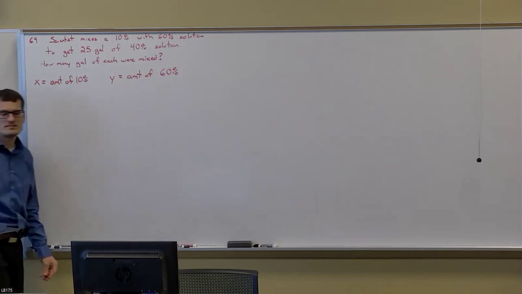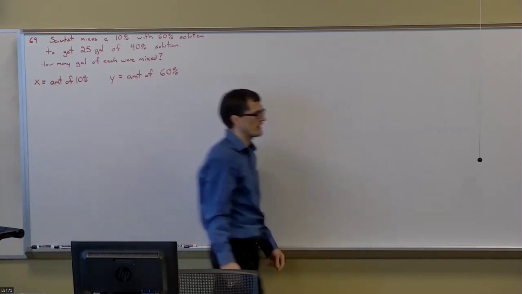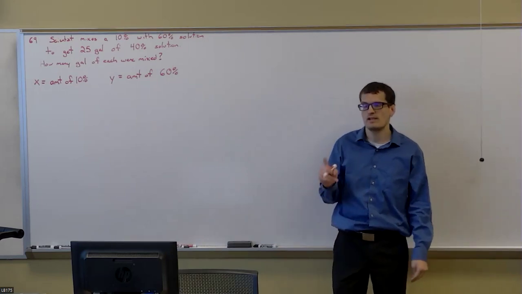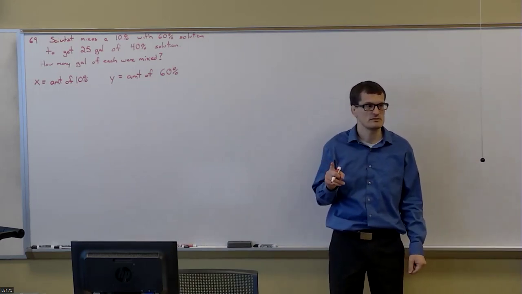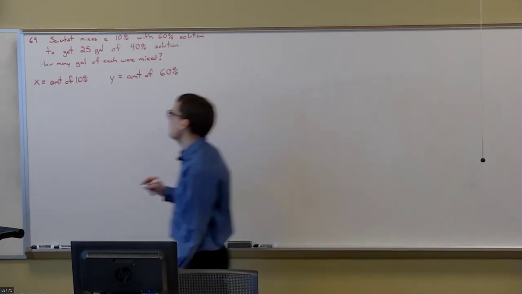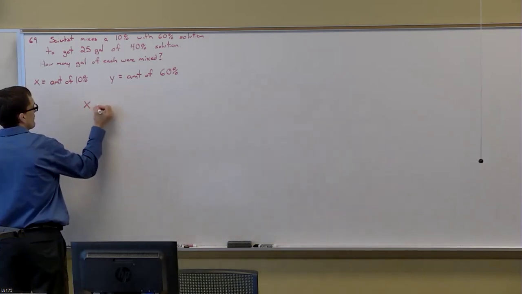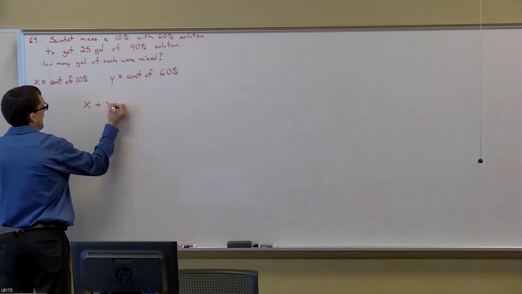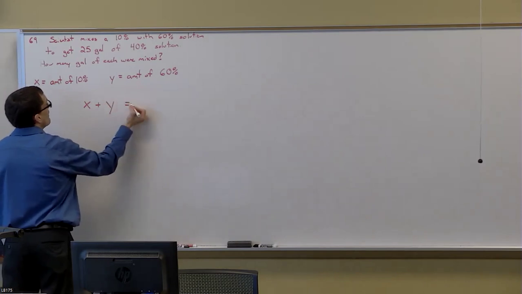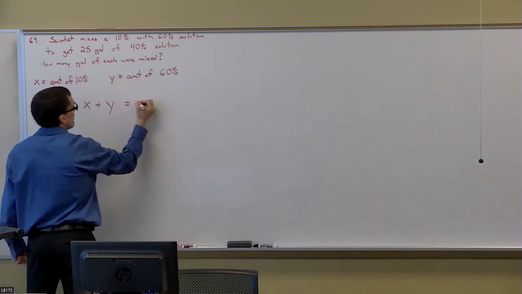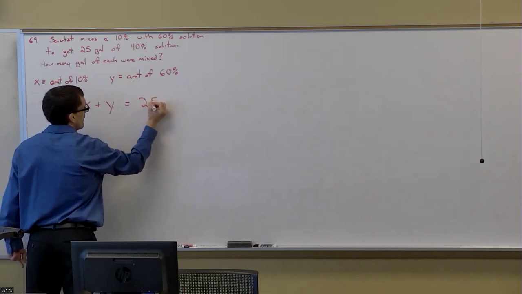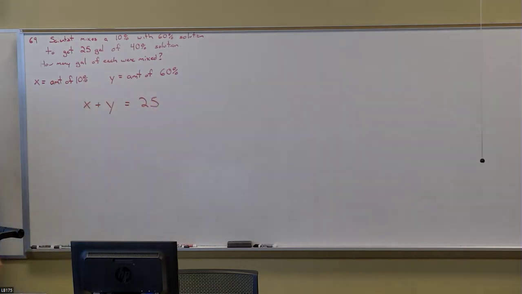Now, on all of these type of mixture problems, we're gonna have two equations. One is the total amount. Let me state this a different way. When you add them together, since I know together they make 25 gallons, my first equation is just the amount equation.